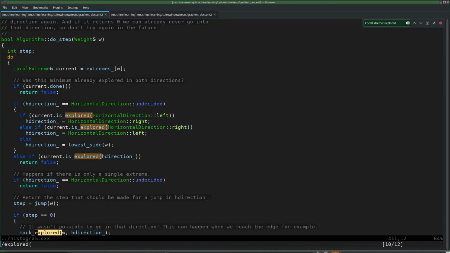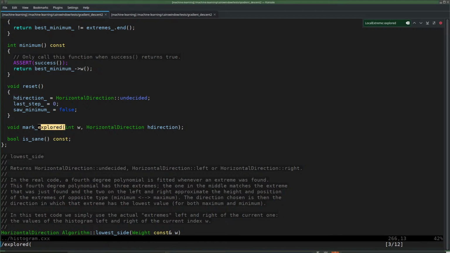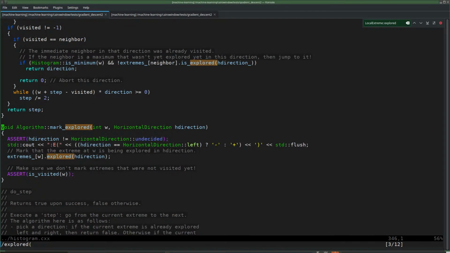Is explored, is explored, is explored, mark explored, mark explored, mark explored. So only mark explored does it, and what it does is it just marks it as explored in that direction. And then mark explored just prints a debug output. So every W here is a local extreme, so we just mark this local extreme as explored in H direction.